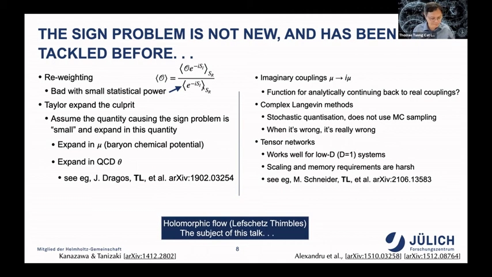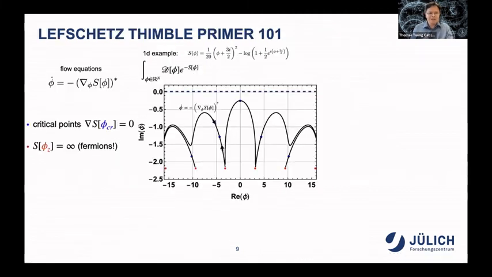Okay, so a Lefschetz thimble primer. The theory of Lefschetz thimbles can be somewhat complicated, but a description of it doesn't need to be complicated. Perhaps most of you have heard about it already. I will just give a very simple example in one dimension to enumerate the main features of Lefschetz thimbles and why they are useful when it comes to the sign problem.